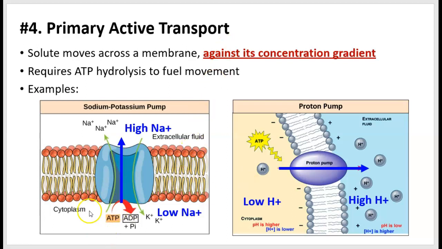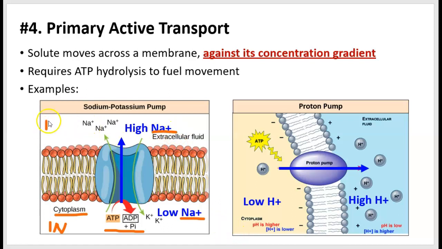So let's look at the picture on the left. This is the inside of the cell where it says cytoplasm. Notice that ATP has been broken down. That releases energy, although it's not really shown in this picture. The energy is used to move sodium from low to high concentration.